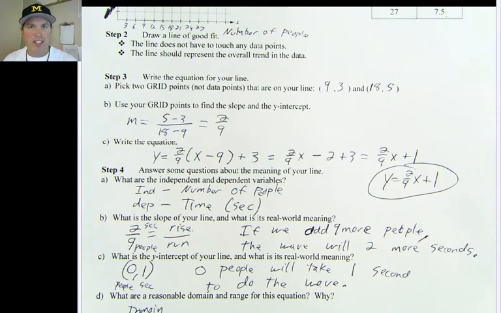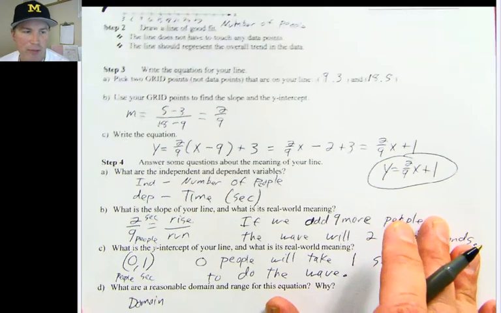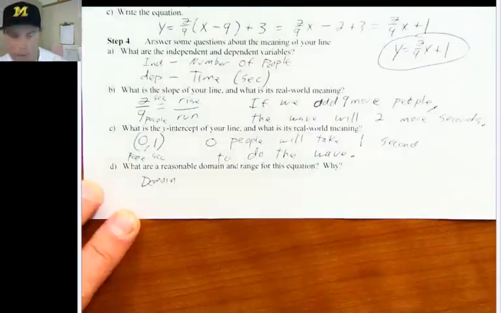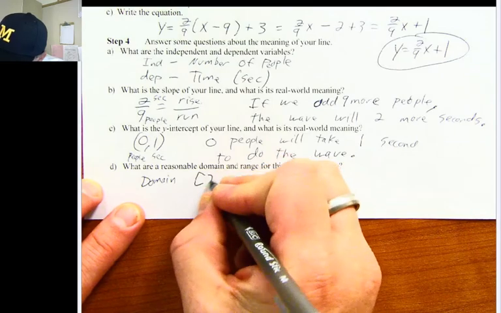No, it doesn't seem reasonable to me to have 1 person do the wave. But can you have 2 people do the wave? Sure. Person 1, person 2, do the wave. I feel it's reasonable to have 2 people in my domain. So 2.